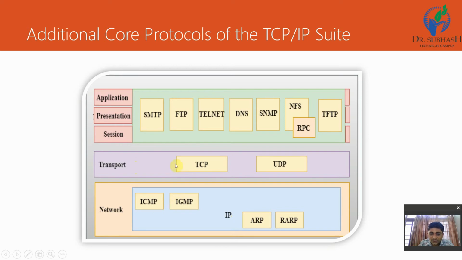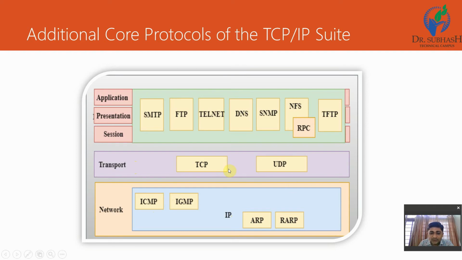On the transport layer we have two different kinds of protocols: TCP, Transmission Control Protocol, and UDP, User Datagram Protocol.